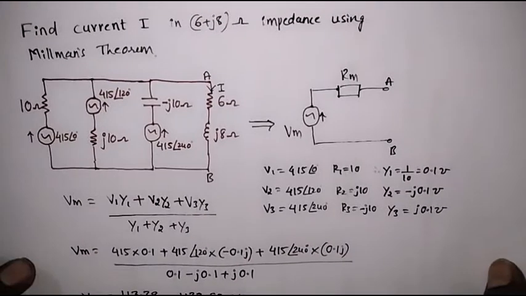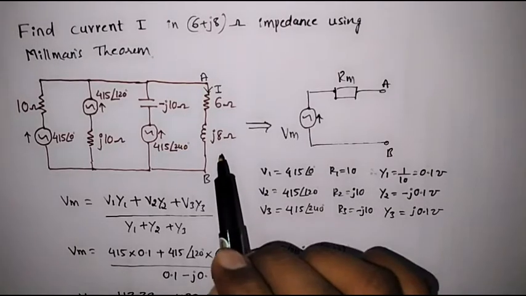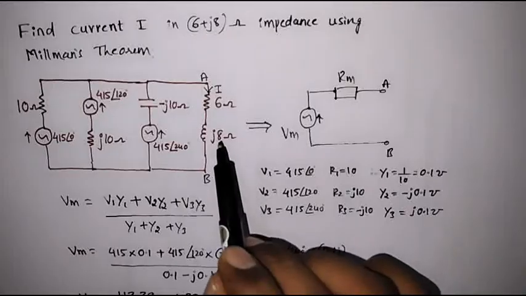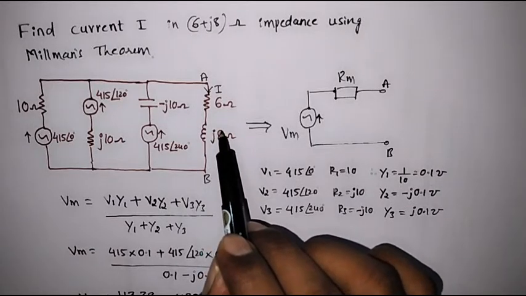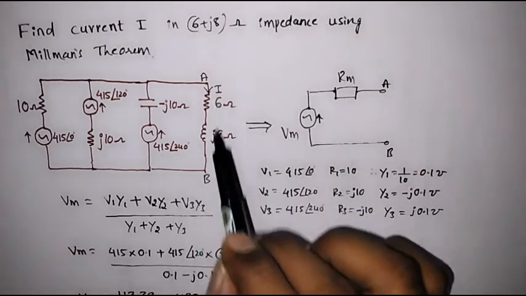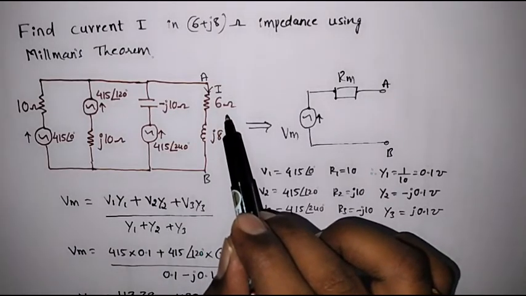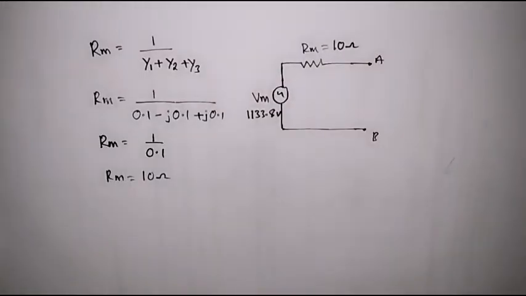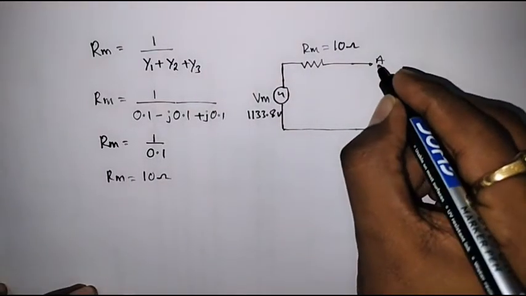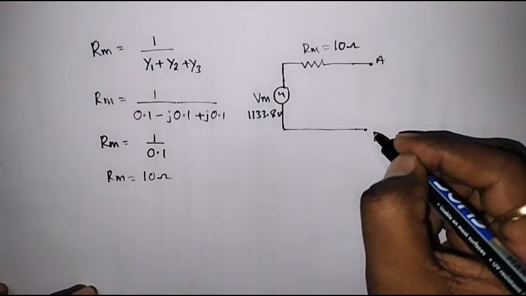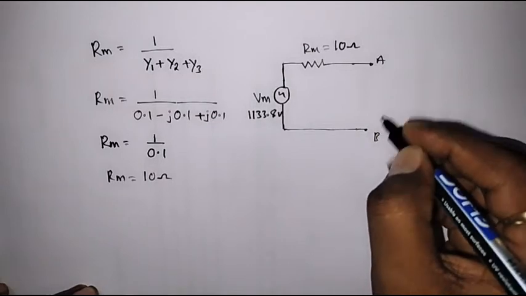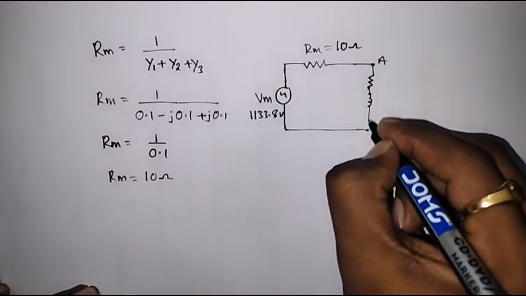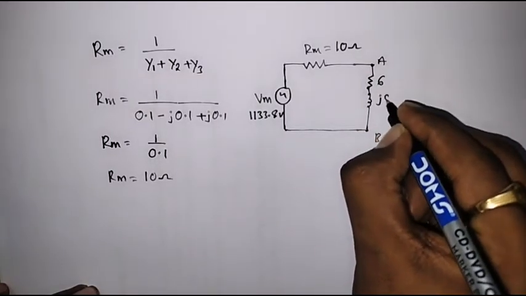As I said in the beginning, in Millman's theorem, the branch in which we are finding current or voltage should be made open circuited. So it should be made open circuited by removing the resistor 6 plus J8. So now we are supposed to connect the 6 plus J8 ohm resistor to these open terminals A and B, that is 6 plus J8 ohm.